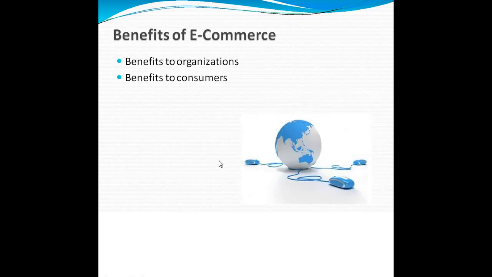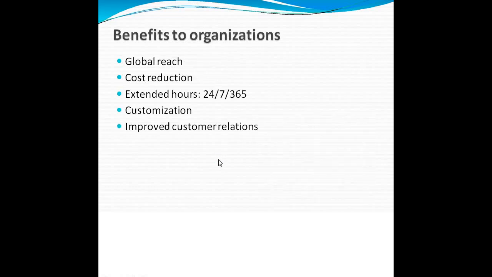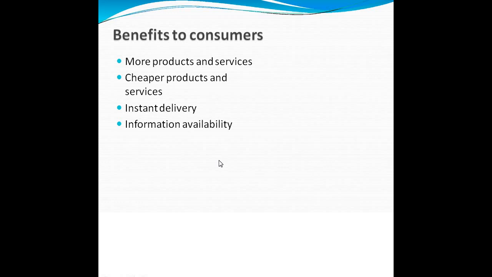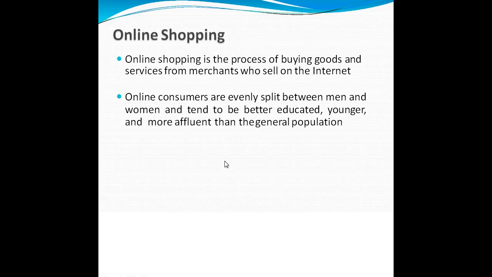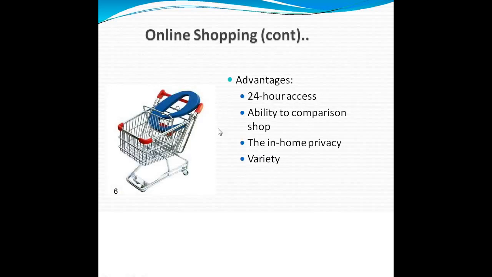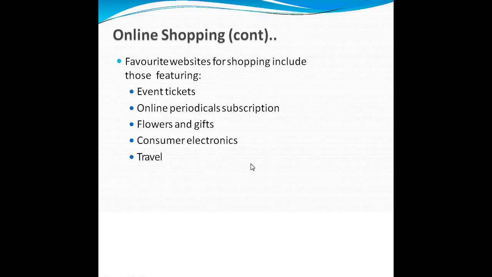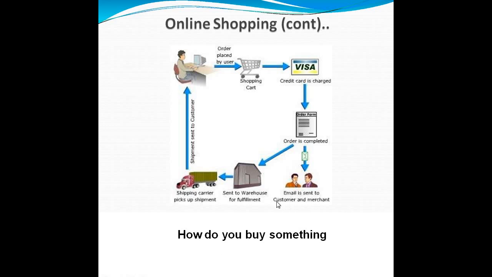We have covered the benefits of e-commerce, how the benefits are useful to organizations and consumers, and some business applications in the slides, like online shopping. What is the process of online shopping, how it works, how it is useful for buying and selling goods, and some online shopping advantages, how the process they follow is the same as e-commerce.